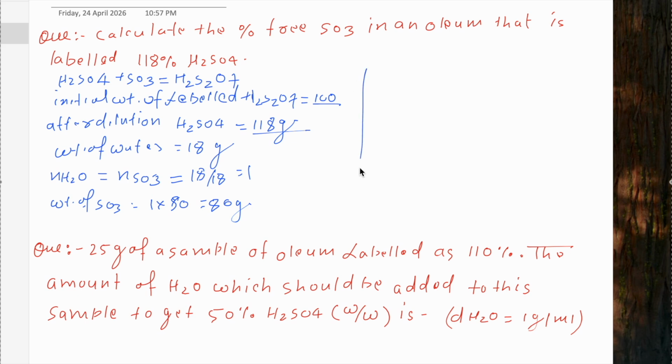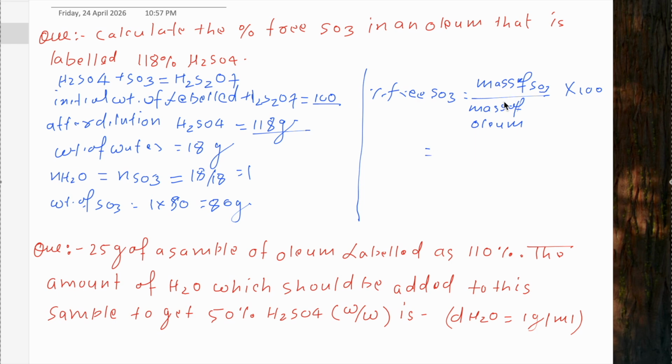Now finally, the formula we know: percentage free SO3 is equal to mass of SO3 upon mass of oleum into 100.